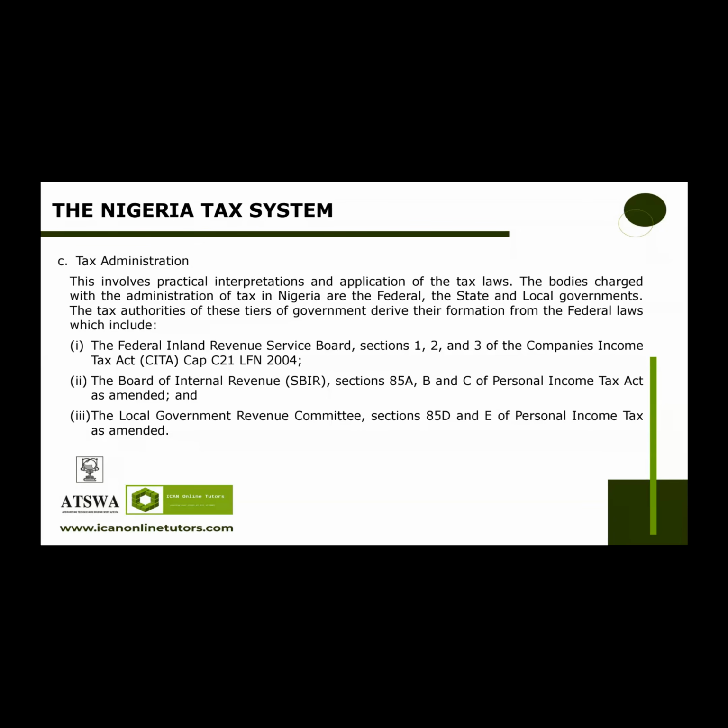So for the federal government, we have the Federal Inland Revenue Service, for the state government, we have the State Board of Internal Revenue, and at the local government level, we have the Local Government Revenue Committee. Are we together? So unlike Ghana, where we have just the Internal Revenue of Ghana, okay?